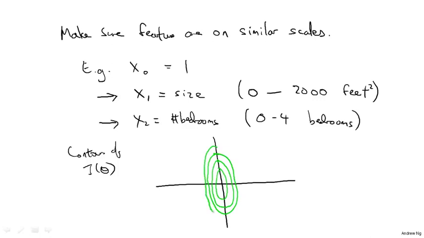In fact, the aspect ratio of each of these ellipses will have something like a 2000 to 4 aspect ratio if size goes up to 2000 and bedrooms goes up to about 4. So you have this very huge aspect ratio, very long, very tiny, thin concentric ellipses.